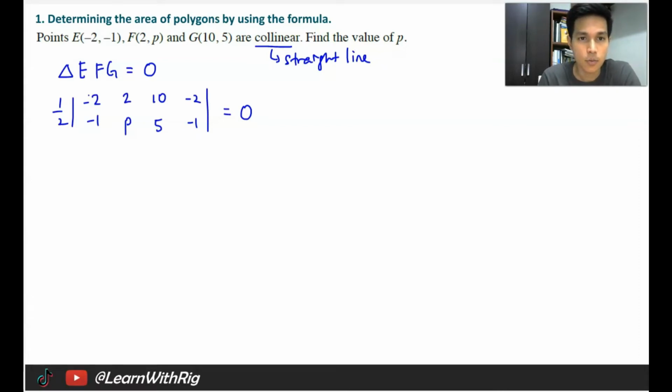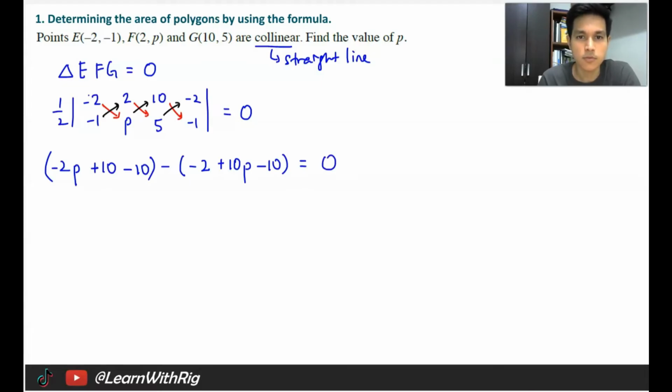Then 1 over 2 I'm going to bring to the opposite side, and here I'm going to multiply like how I usually do, diagonally downward minus the ones that you multiply upward. So you get negative 2p plus 10 minus 10 minus negative 2 plus 10p minus 10, and then you should get 0.